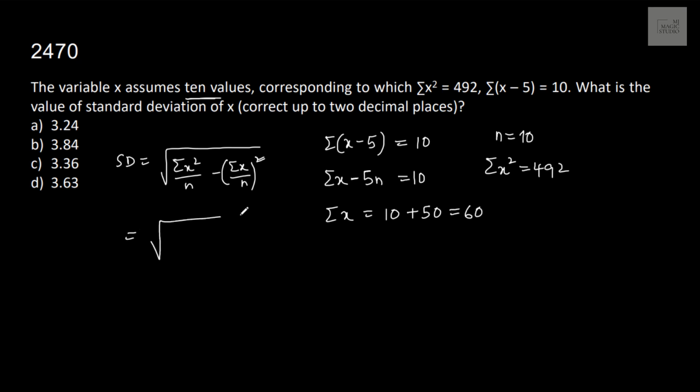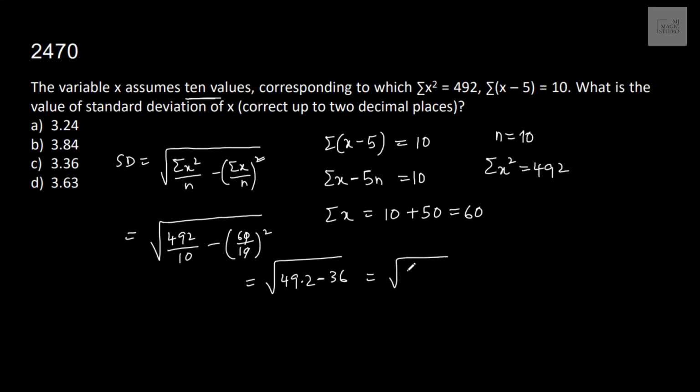Now standard deviation is root of 492 by 10 minus 60 by 10 whole square, that is 49.2 minus 6 square which is 36, that will give 13.2, and its calculator value would be 3.63, and that features in option D.